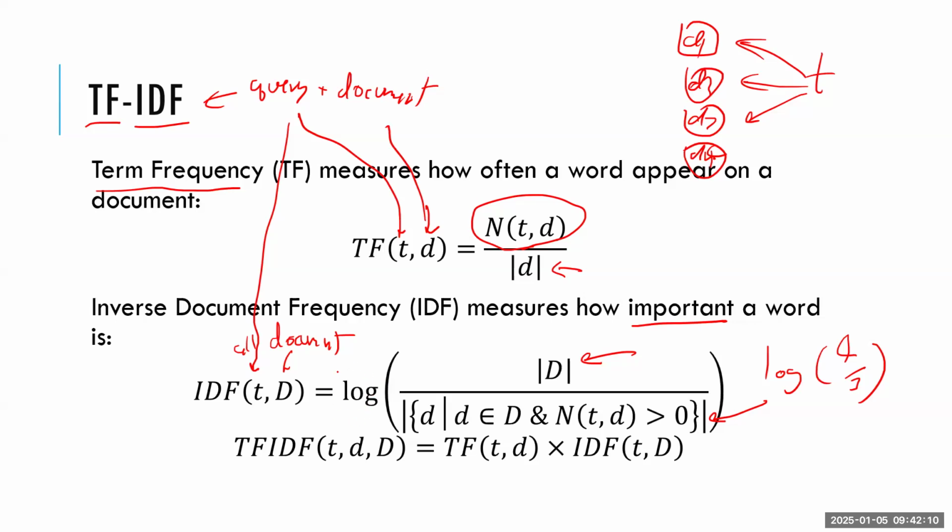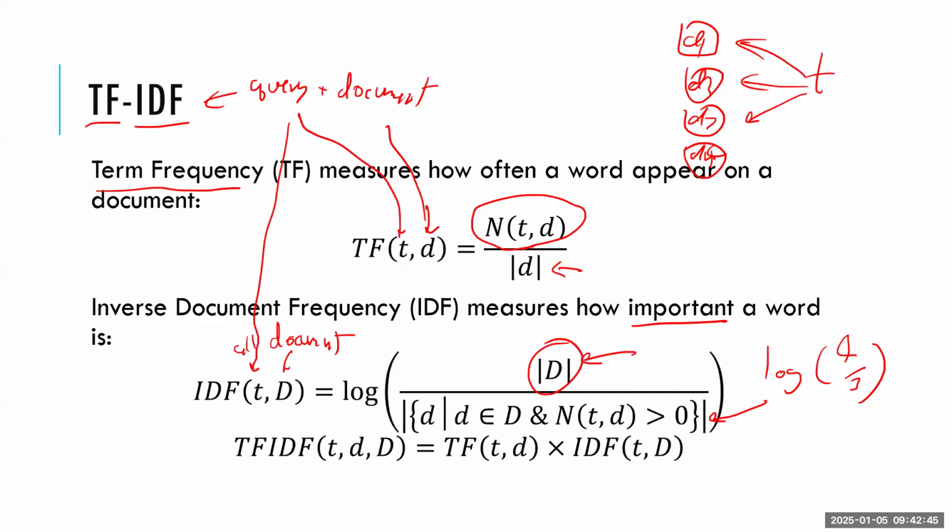So what happens here is, what is the maximum value of the IDF? The top one is fixed, the number of documents is fixed. So the varying variable is the bottom. What is the range of the value at the bottom?